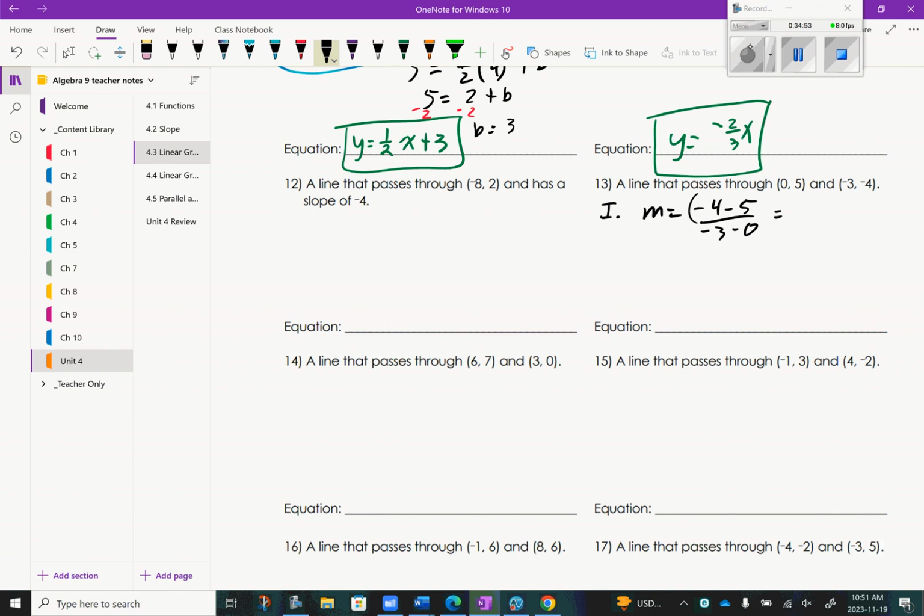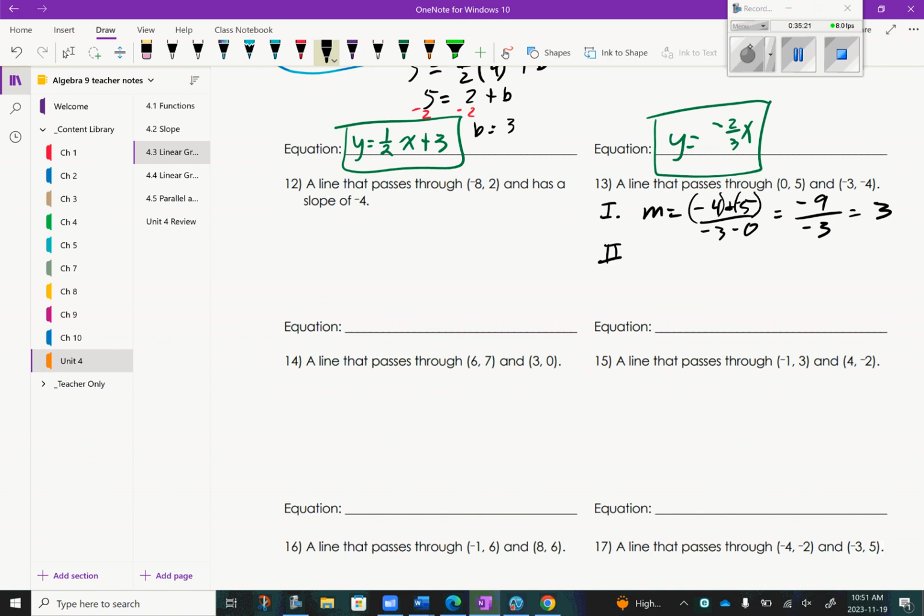So negative 4 minus 5, same thing as negative 4 plus negative 5. Two negatives together combine to give me a negative. 4 plus 5 is 9, so that's negative 9. Negative 3 minus 0 is just negative 3. It didn't change. So now simplifying this, negative divided by negative is positive. 9 divided by 3 is 3.